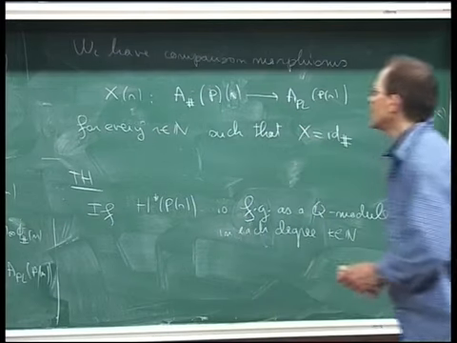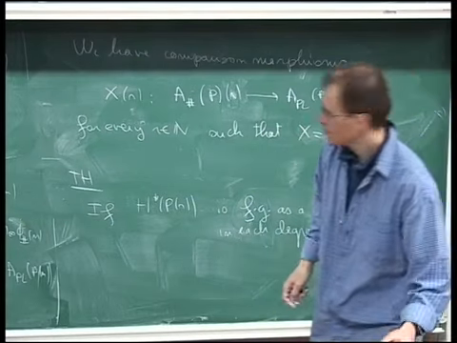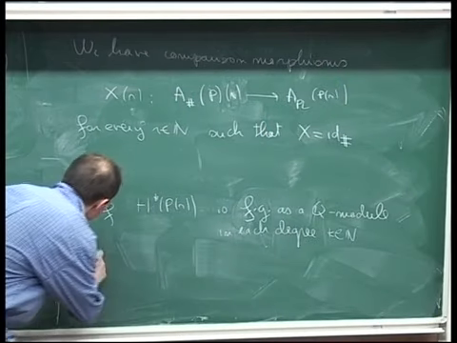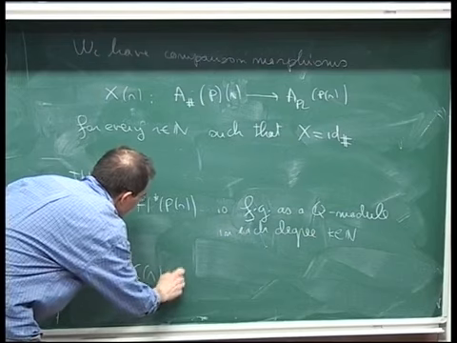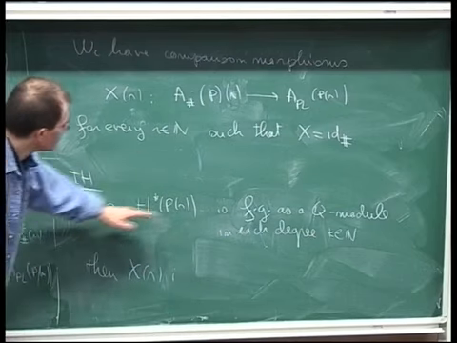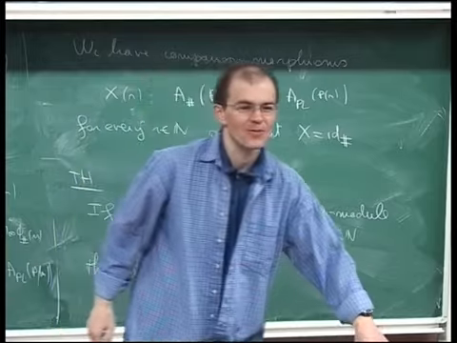Then this map is a weak equivalence. I forgot an assumption. And P is cofibrant as an operad in simplicial sets.